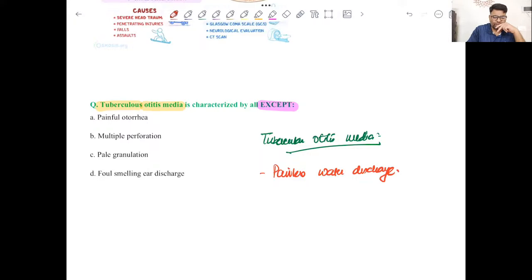So the very first which I told you was painless, and if you look in this MCQ, the very first option is painful, so that becomes the answer automatically. Apart from that, multiple perforation is very classic, pale granulation tissue is classic, and the discharge can be foul smelling, that doesn't make any difference. So this is absolutely wrong for tubercular otitis media.